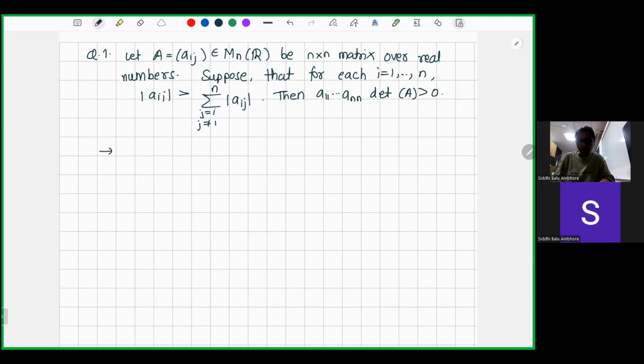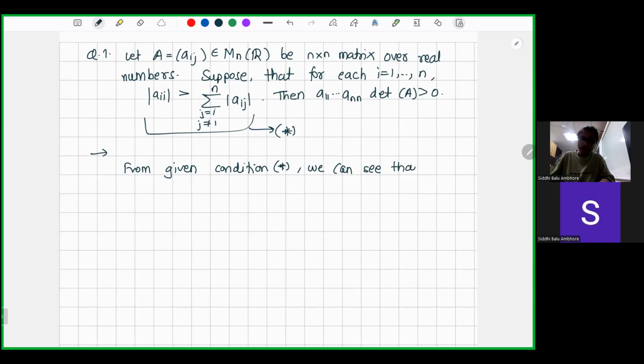From the given condition itself, if we call this condition star, we can clearly see that the aii are non-zero.